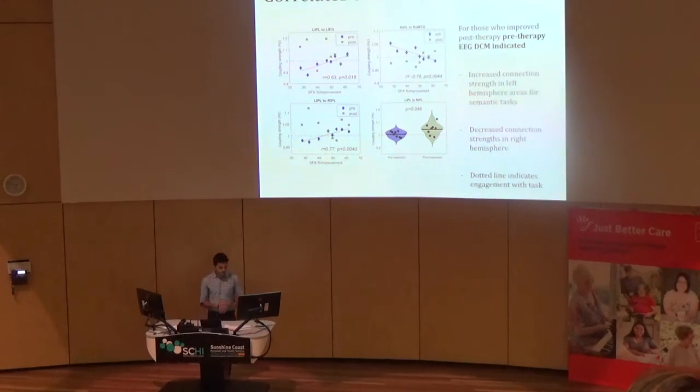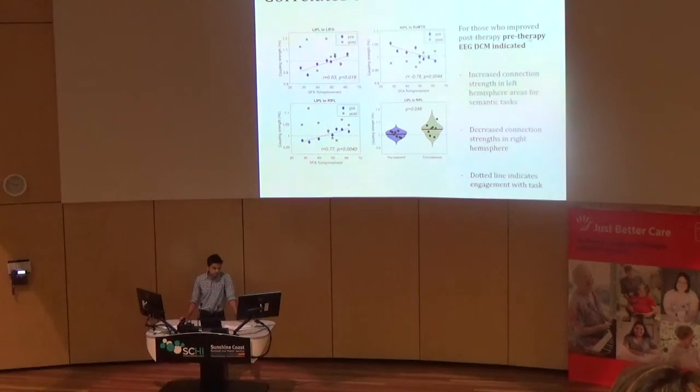There's quite a bit going on in these graphs, but the key thing is that the dotted line on each of these three graphs indicates task engagement. Those below the line were engaging less with the task, and those above the line were engaging with the task. Then we looked at this pre and post therapy.